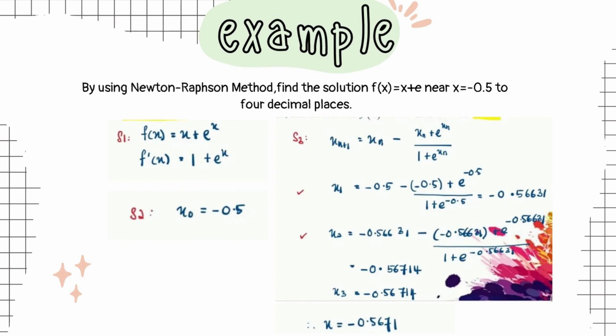Step 3 is to use the formula of the Newton-Raphson method. So we have x(n+1) = x(n) minus f(x)over f'(x). Our f(x) is x + e^x, so we will have x(n) + e^x(n) over f'(x). This is our f'(x): 1 + e^x(n). Now we just substitute the value of our initial value into this x(n) here.